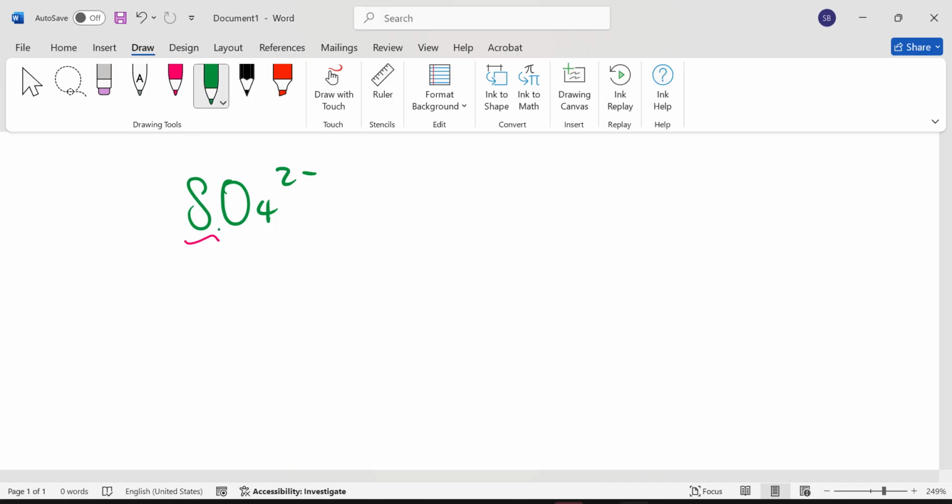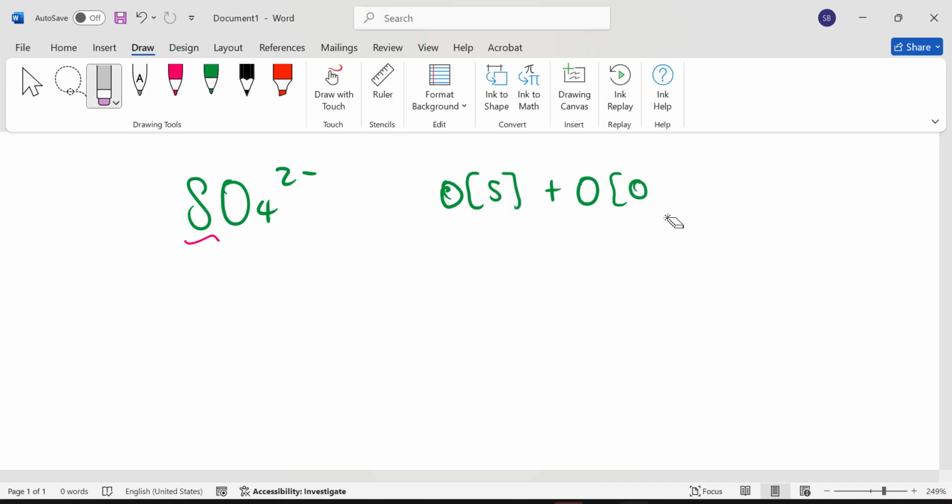I know that since oxygen is not bonded to any peroxide or fluorine, it has the oxidation number of 2 minus, because there's no fluorine, there's no peroxide. So I'm just going to write the oxidation number of sulfur plus the oxidation number of oxygen.